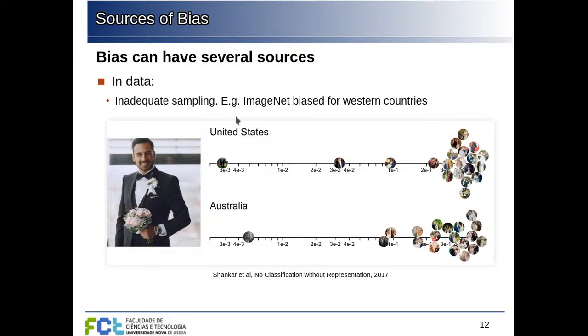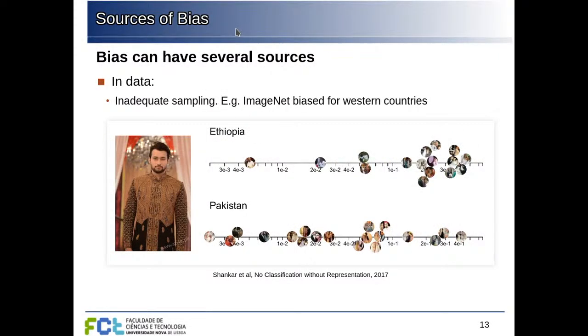But one problem is that ImageNet is biased for Western countries. So most of the photographs there come from Western countries. And so when we try to do the same thing with bridegrooms from Ethiopia or Pakistan in this example, then the errors become much higher.